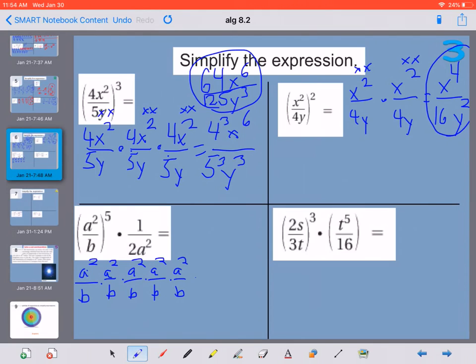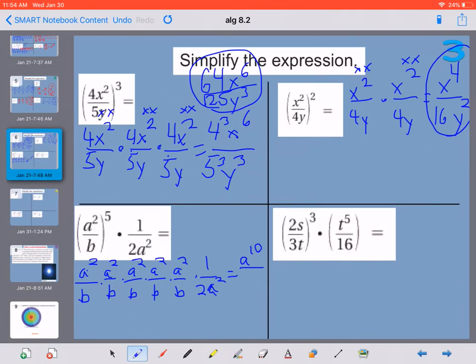Now we also have a 1 times 2a squared, so that's just 1 divided by 2a squared. So what we have on the top is 2, 4, 6, 8, 10 a's times 1, so a to the 10th.